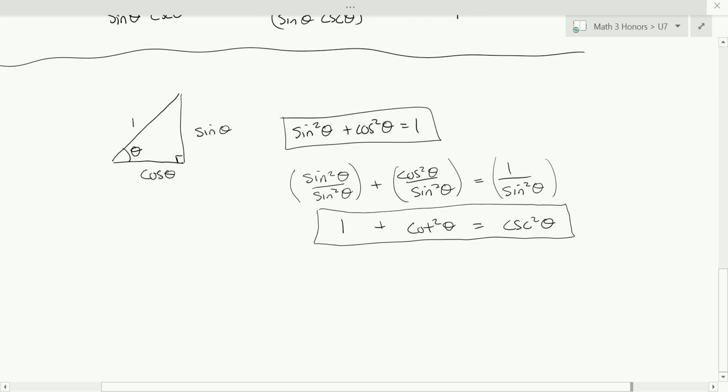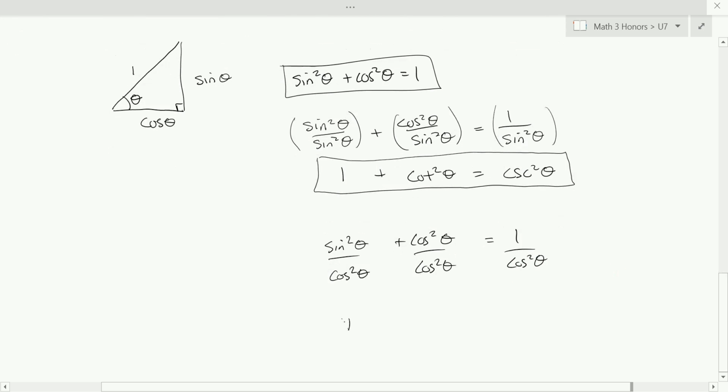And then the third one, what do you think you do to create the third one? Divide your original by cosine squared. So if I had sine squared theta plus cosine squared theta equals 1 and divided all 3 of those by cosine squared, and then simplified, you'd end up with tangent squared theta plus 1 equals secant squared theta.